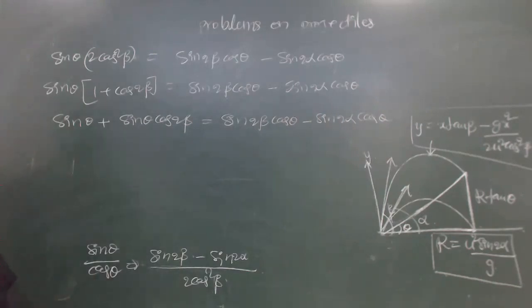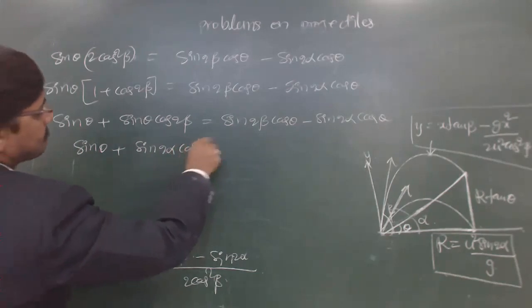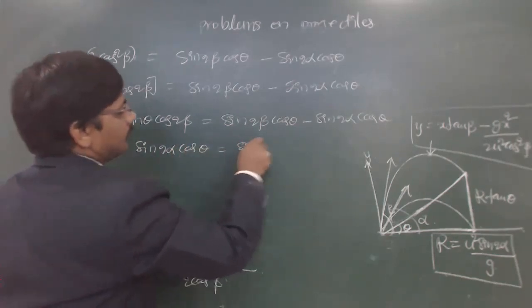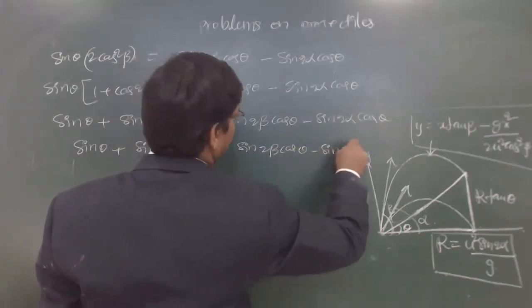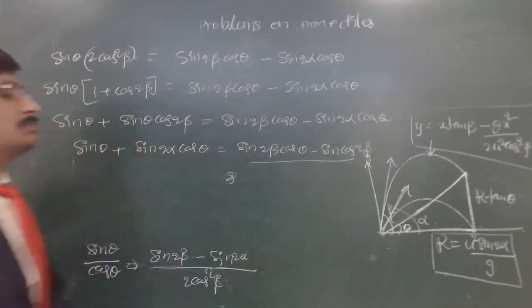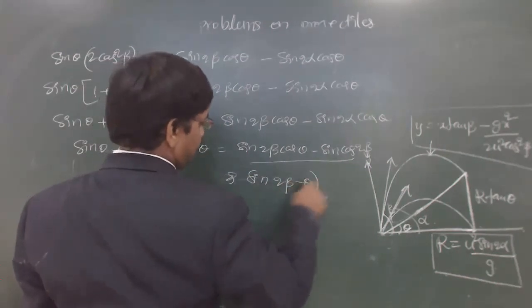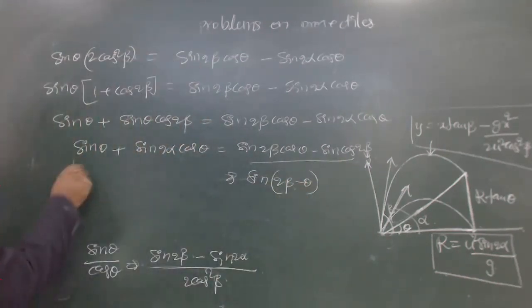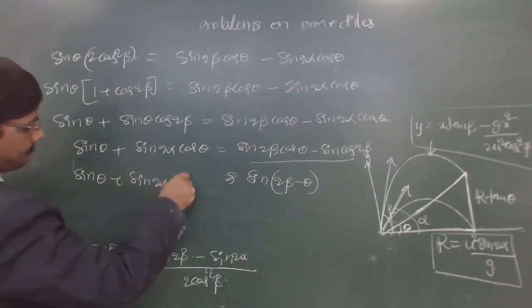So if you take this to the other side, then sin theta plus sin 2 alpha cos theta equal to sin 2 beta cos theta minus sin theta cos 2 beta. So if you notice, this is sin A minus B format. So sin of 2 beta minus theta, and this side sin theta plus sin 2 alpha cos theta.